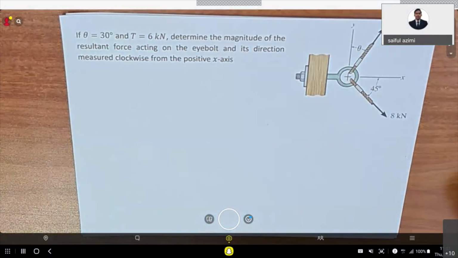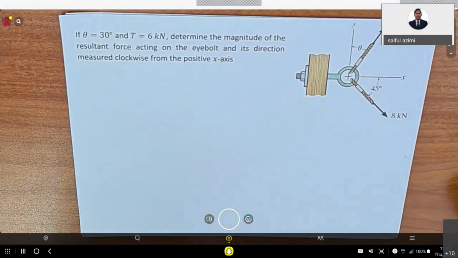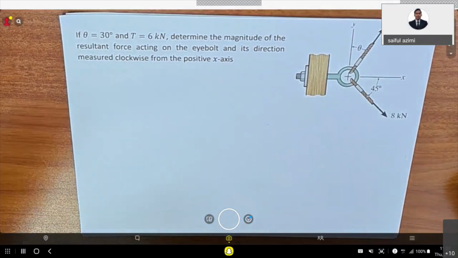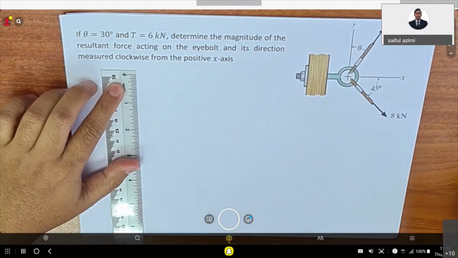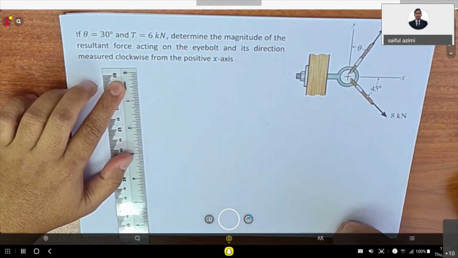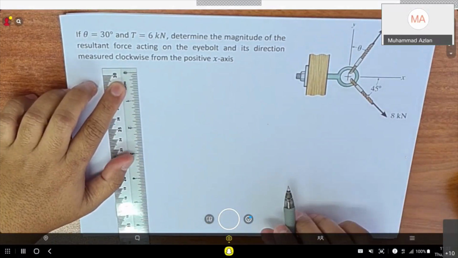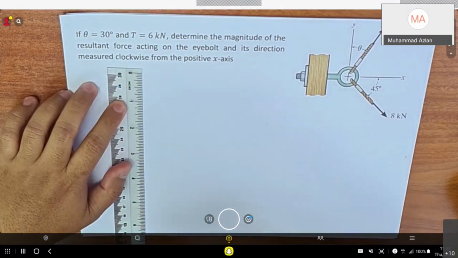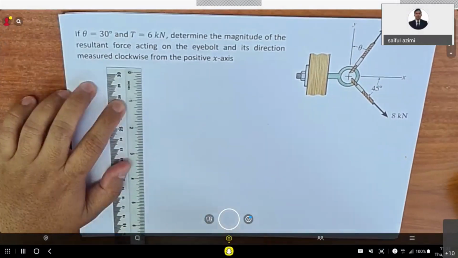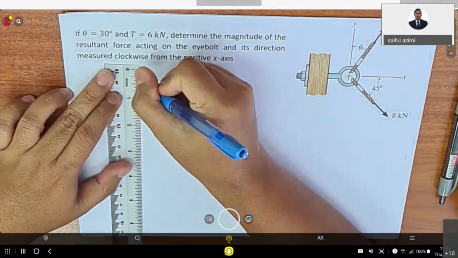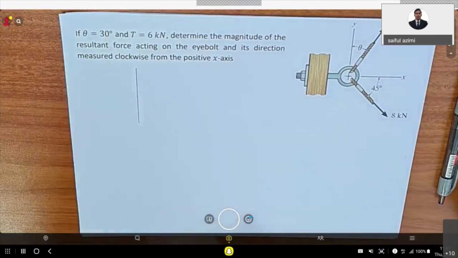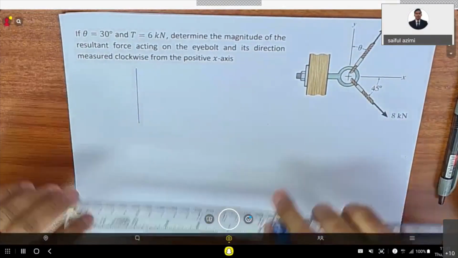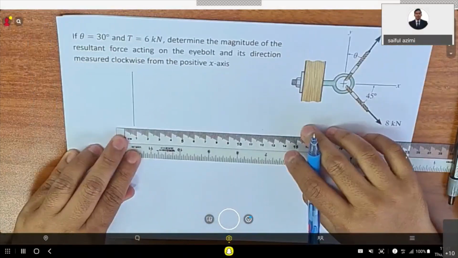So first, what should you do if you get this kind of question? Guys, what should you do? Draw the free body diagram. Yeah, so first you should draw the free body diagram. First you need to draw the y and the x.